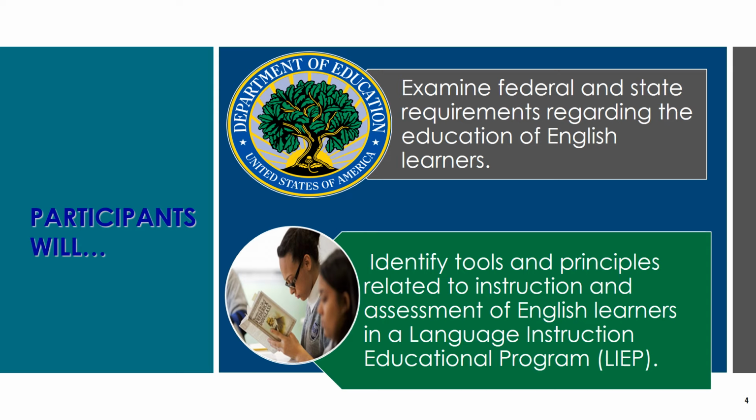We're also going to identify tools and principles related to instruction and assessment of English learners in a language instruction educational program. So we're going to provide you with the federal and state background to develop a program that is aligned to the requirements of ESSA, but we are also going to talk about instruction and assessment and what that involves as it relates to the development of your program.